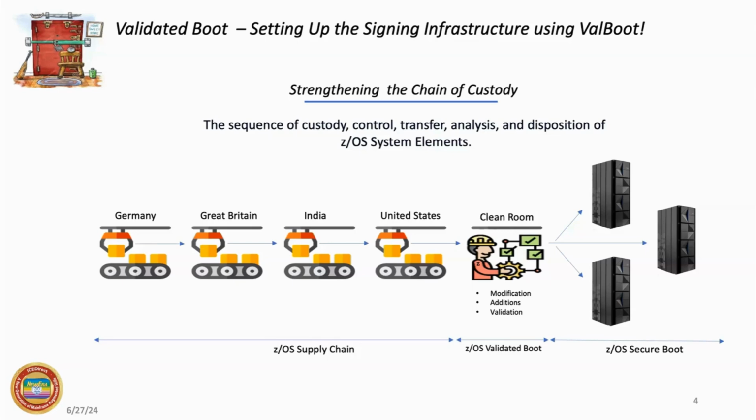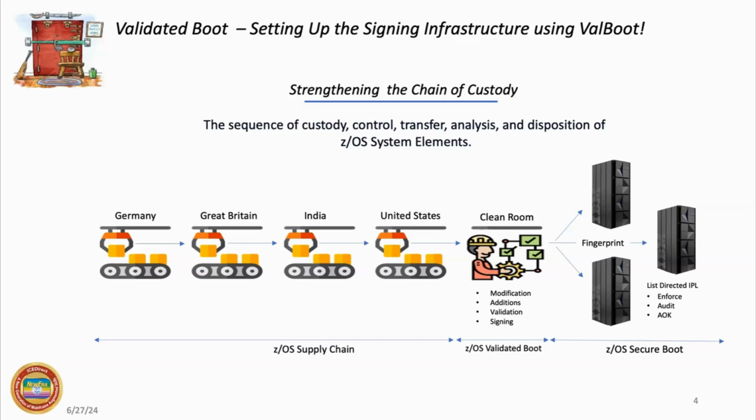But in the new world, this is what's going to happen. There's going to be another step, a signing step. And remember, that signing step is what we refer to as validated boot. And what it will wind up doing is placing a fingerprint on all of the elements that you deliver to production.